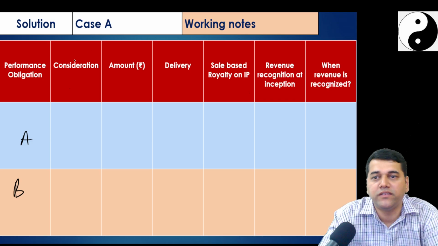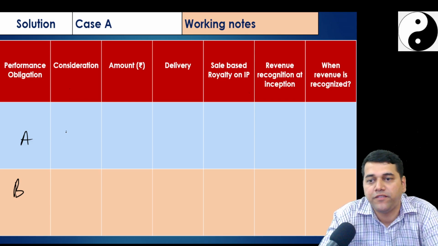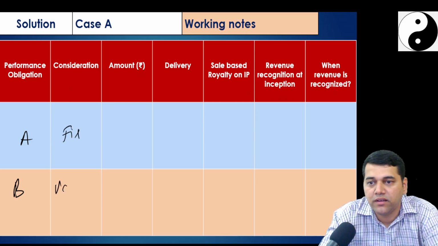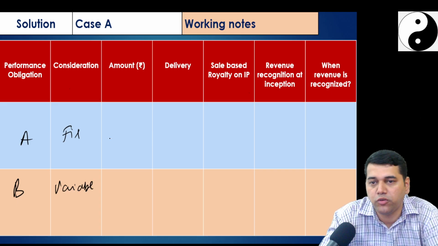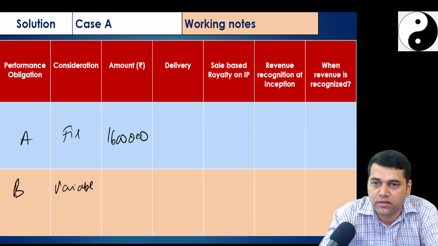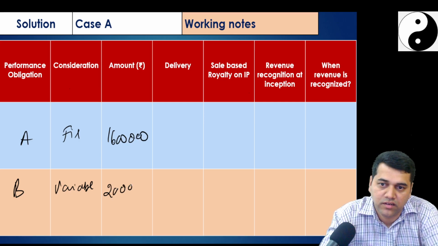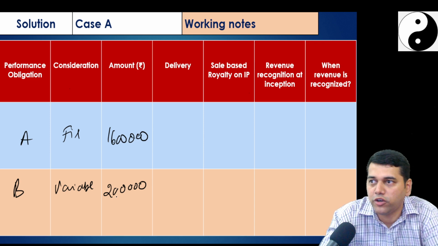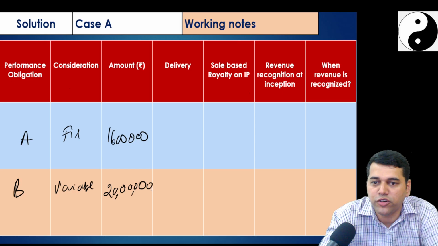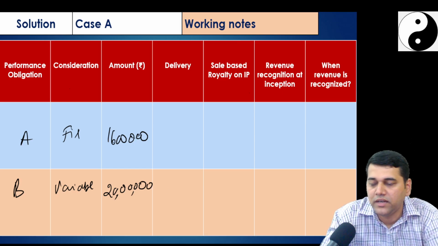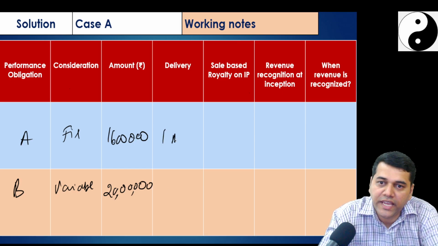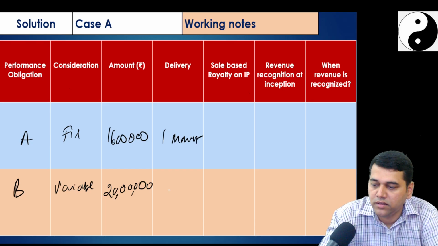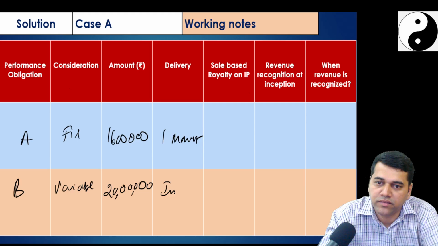What type of consideration in case A? Fixed. For B? Variable. How much is the amount? 16 lakh. 20 lakhs. Did you not estimate? The moment it is variable, you have to estimate. Delivery happened? No. A is after 1 month. This is now, immediate.